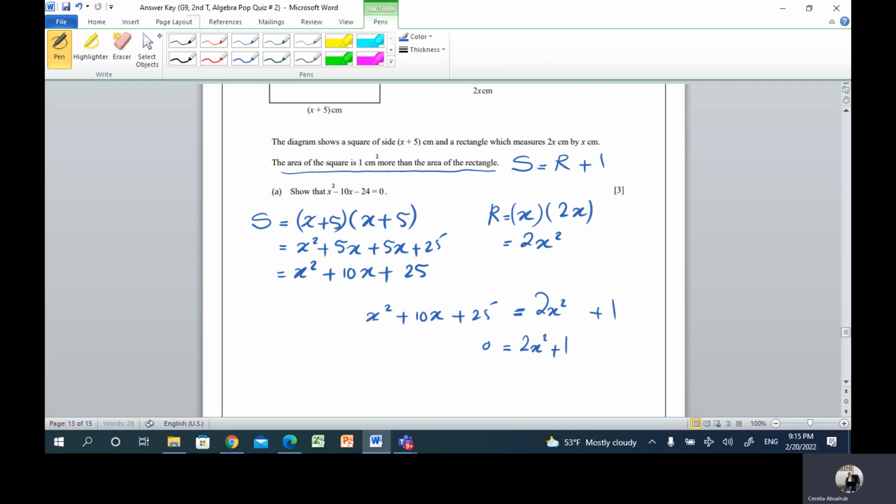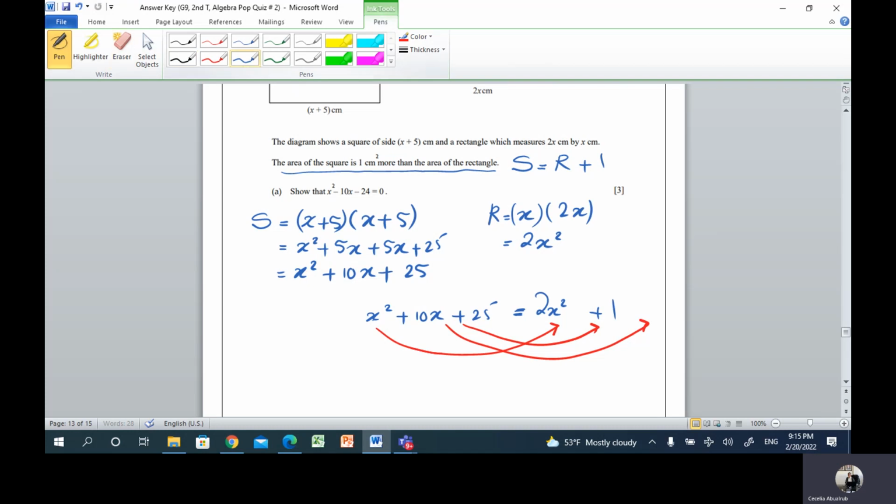When we transfer, okay, let me make this more clear. We're going to transfer the x squared, the 10x, and the 25 to this side.